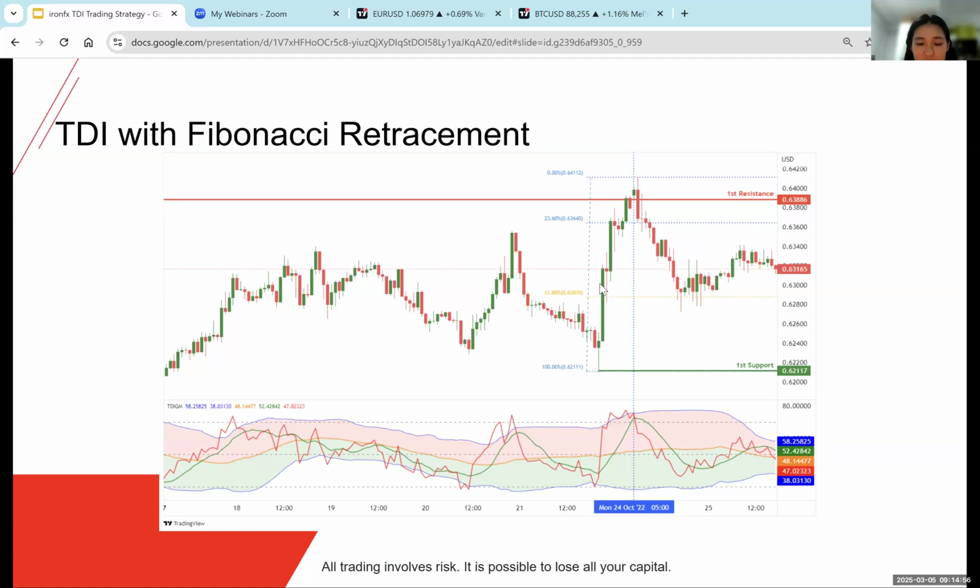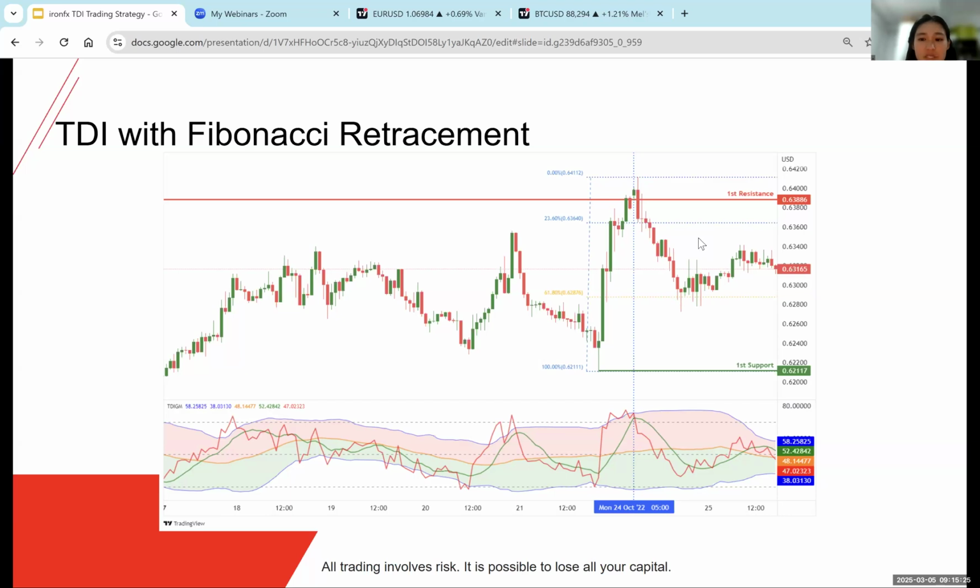Prices are moving upwards, and we can see where prices react off the 61.8% Fibonacci retracement. In line with this vertical line, you can see on our TDI indicator the red line crossing below the green line, so that's giving us a bearish signal. Subsequently, we see prices drop to the 61.8 level.